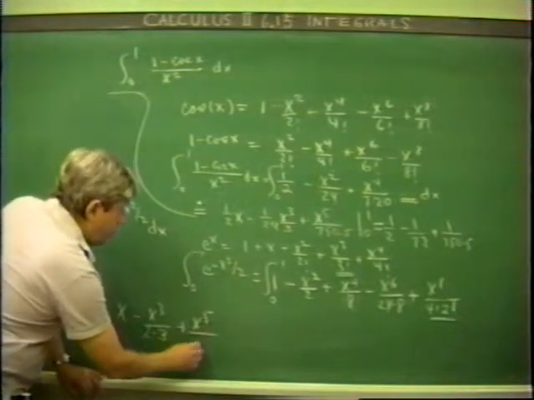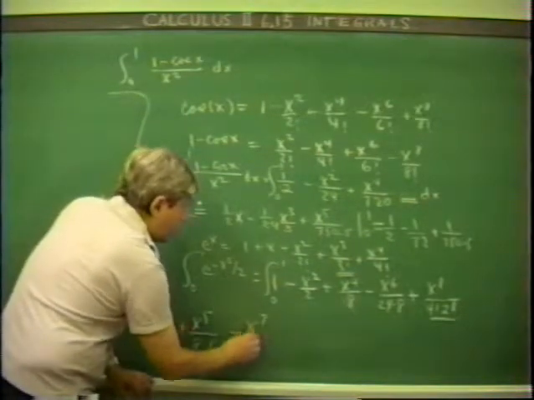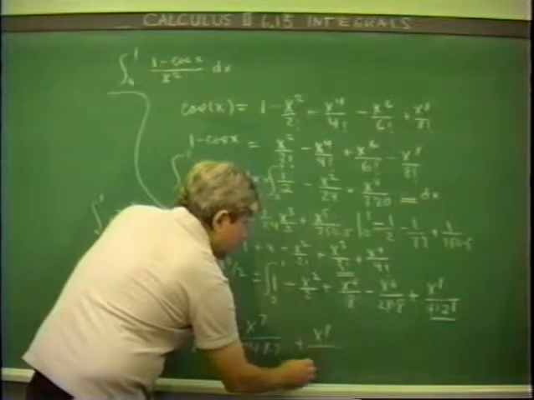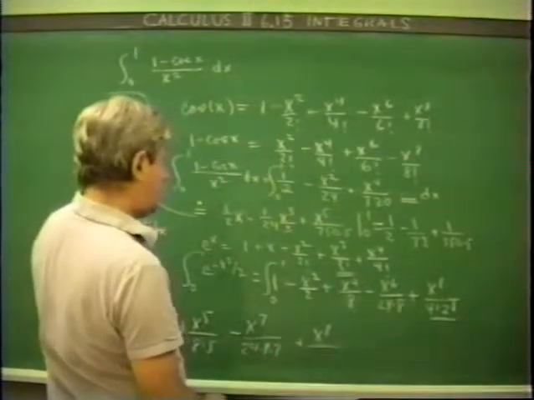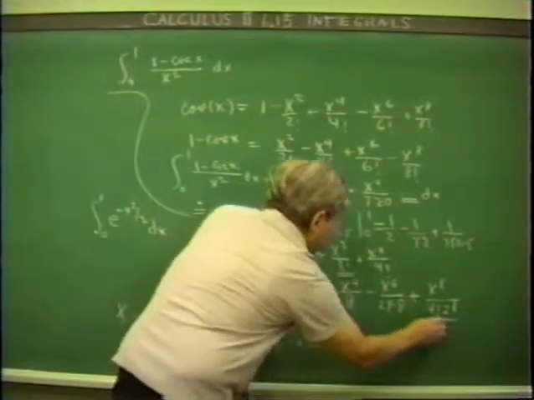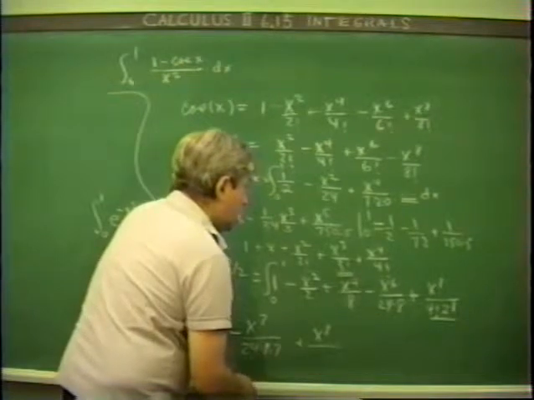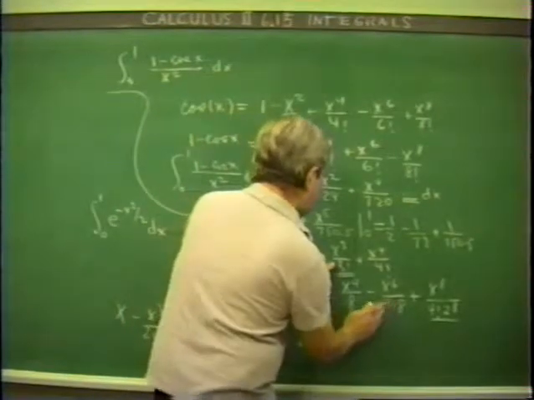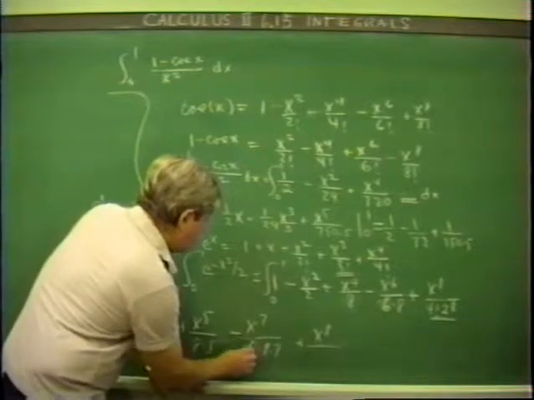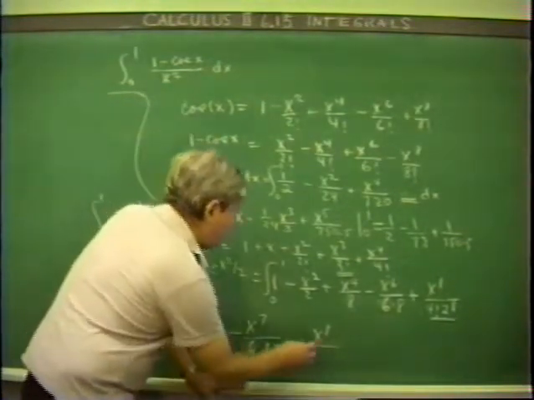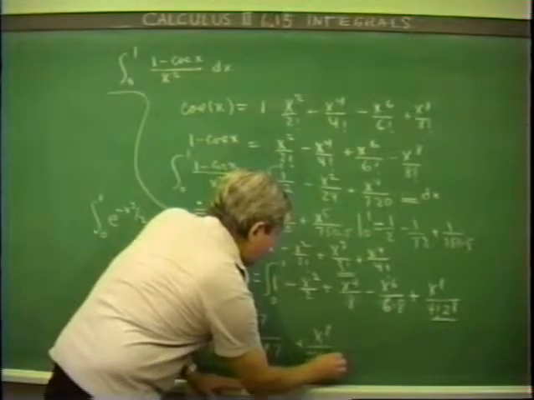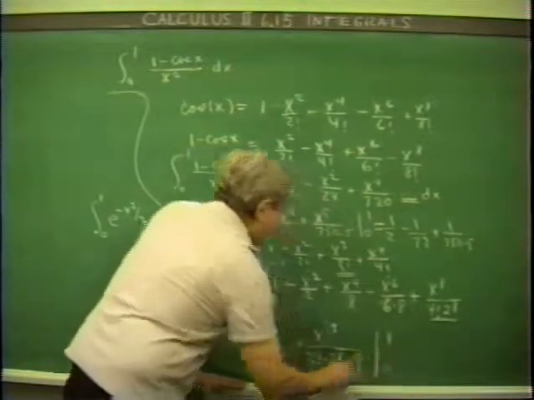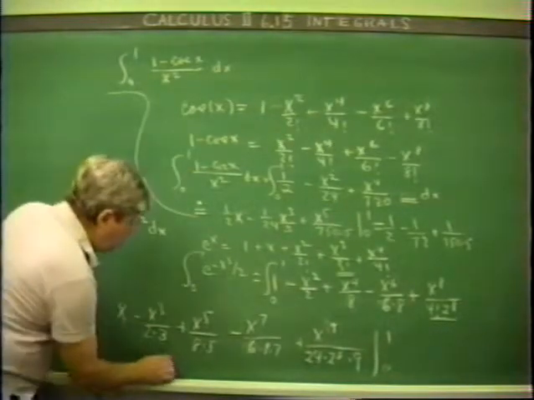We get x minus x cubed over 2 times 3 plus x to the 5th over 8 times 5 minus x to the 7th over 6 times 8 times 7, plus x to the 9th over 9 times 4 factorial, which is 24, times 2 to the 8th.